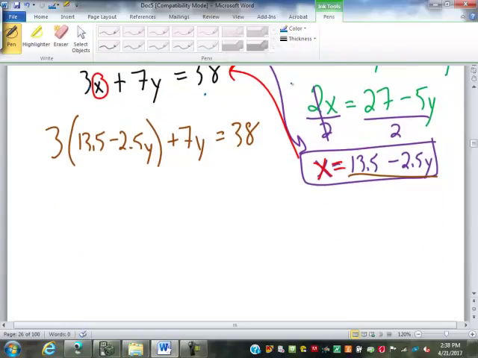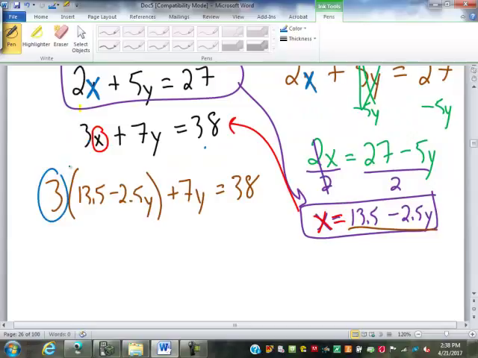Now I have that parentheses, so I got to multiply by 3. 3 times 13.5 is 40.5. 3 times negative 2.5y is negative 7.5y. I still have the plus 7y equals 38.